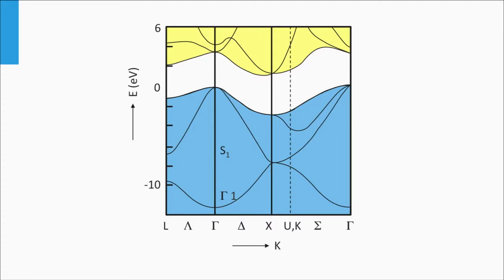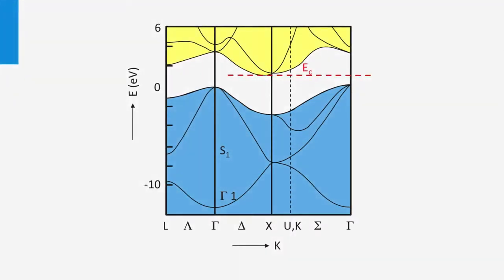The white area reflects the energy levels in the forbidden band gap. The horizontal axis reflects the lattice momentum in various directions. The band gap of silicon is determined by the lowest energy point of the conduction band at X, related to the 100 direction, and the highest energy value of the valence band at gamma.